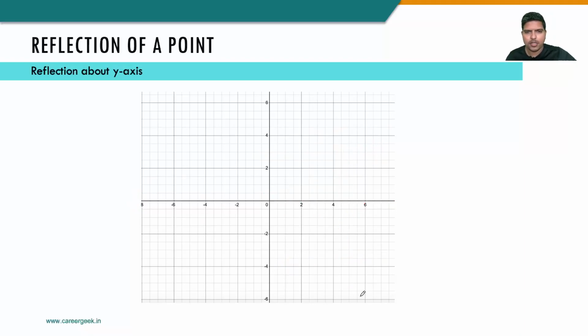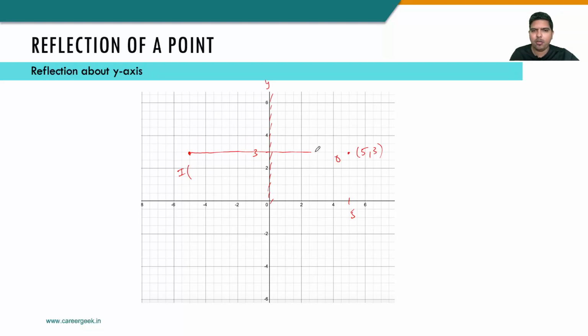Now, similarly, for the same point, if we want to take the reflection on the y-axis, what happens? You can pause and try. This is the object, 1, 2, so 1, 2 and here, so the image is going to form somewhere here, right?